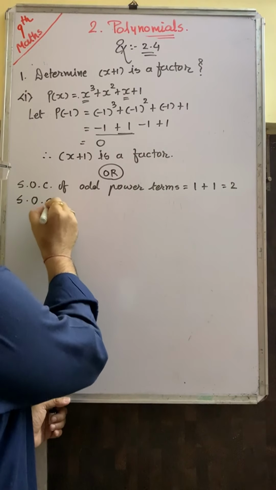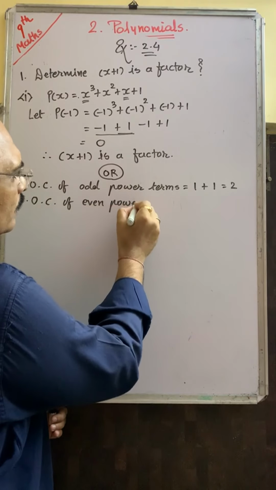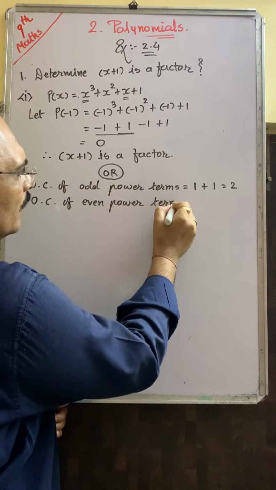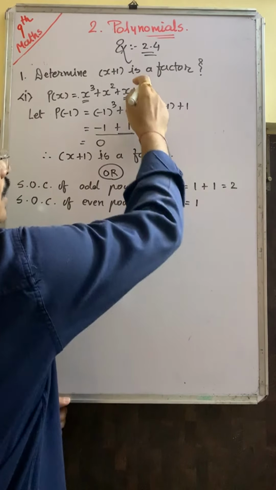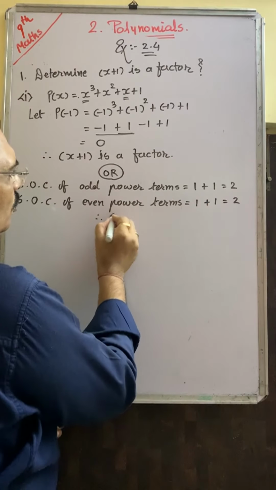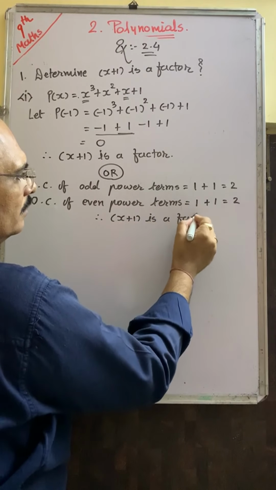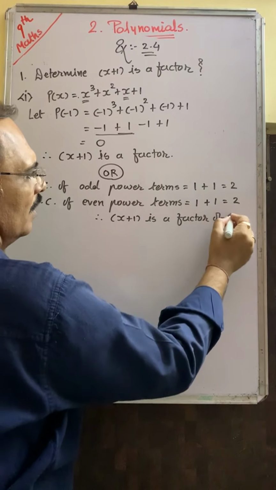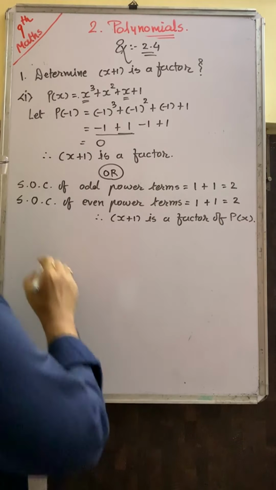Now the sum of the coefficients of even power terms. The even power term is 2 power, its coefficient is 1, and the constant is also even power, 1 plus 1 is 2. Both are the same, so you can write x plus 1 is a factor. Is it okay?